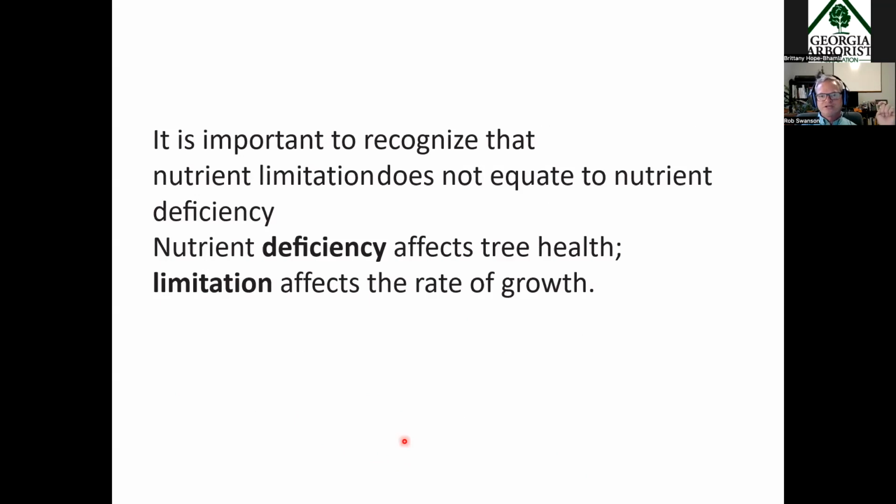It's important to recognize that nutrient limitations do not equate to nutrient deficiency. A nutrient deficiency affects the tree's overall health. And if you think about a Gaussian distribution, if you're familiar with Gaussian distributions, which I'm sure you are, you might just not know it was a Gaussian distribution. You have a bell curve, and in this bell curve, we can draw sides down here and say that most plants are okay in between here.